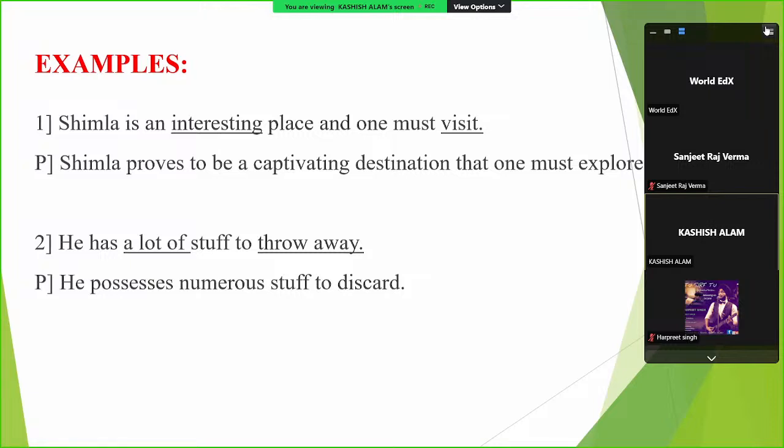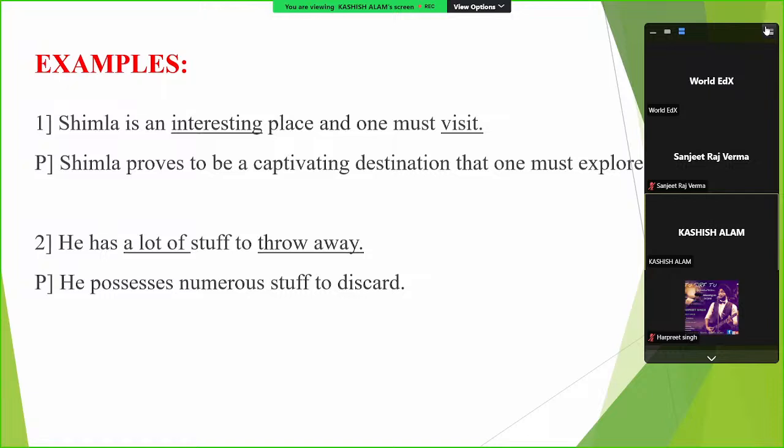Now, the phrase "a lot of" we definitely cannot use in the writing part, because "a lot of" is a very informal word, and informal words are not allowed in our writing section. Therefore, instead of "a lot of," "tons of," or "lots of," we will stick to "many," "numerous," or "plethora of."